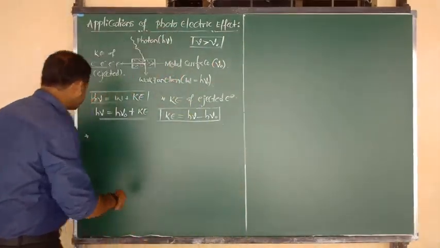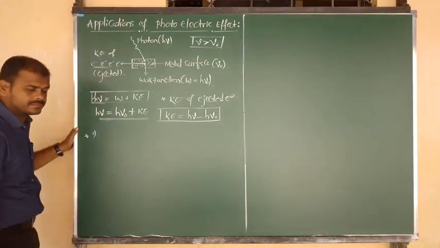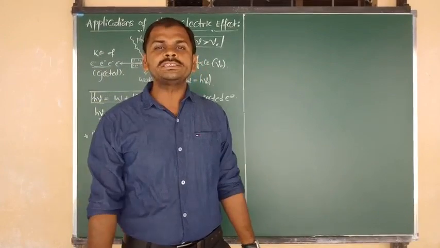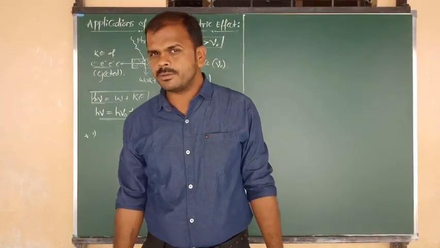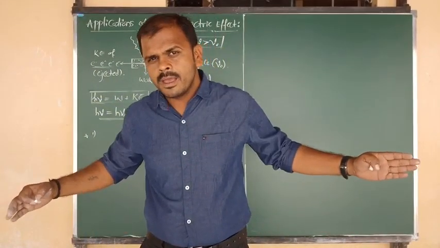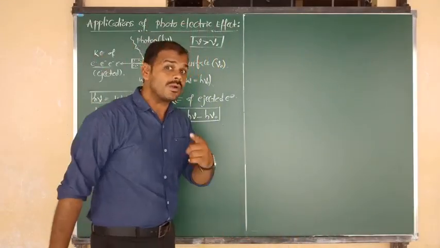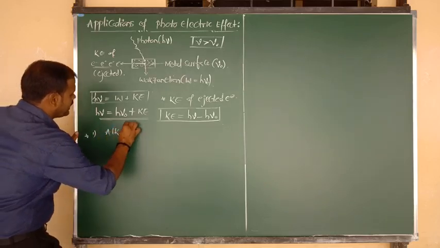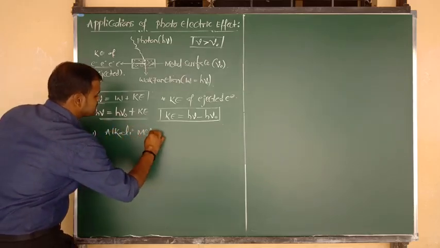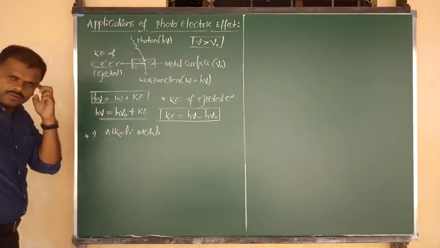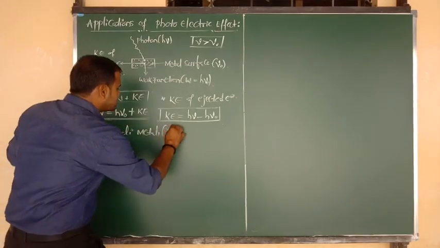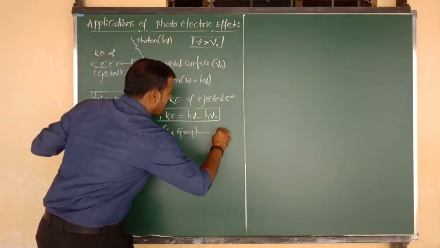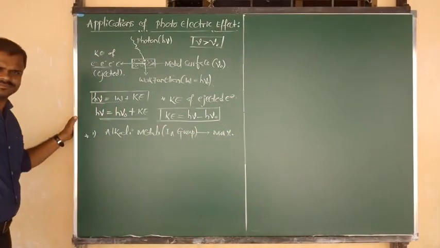Number one: which group of metals in the entire periodic table exhibits the maximum photoelectric effect? The answer is alkali metals, the S block, 1A group metals. They exhibit the maximum photoelectric effect.